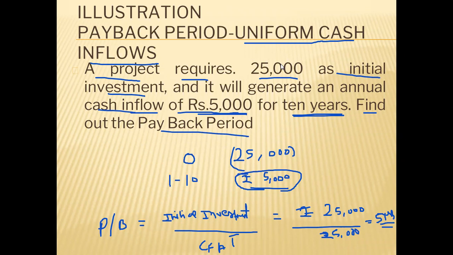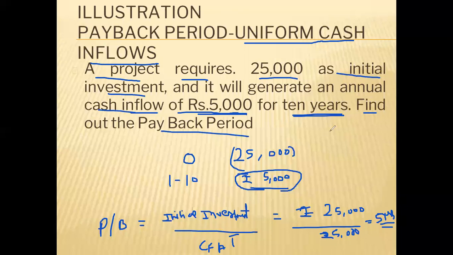Okay, now tell me whether you should invest in this project or not. So payback period we have calculated 5 years, and the project is for 10 years. Whether we should invest in this project?